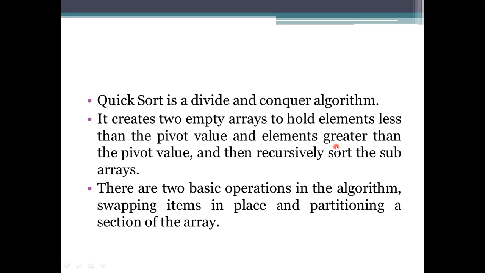The basic operations include partitioning the array, and the partitioned array has to be compared, meaning we need to compare the values. After that we need to swap the values. So swapping and partitioning the elements of the specified array are the common operations here.